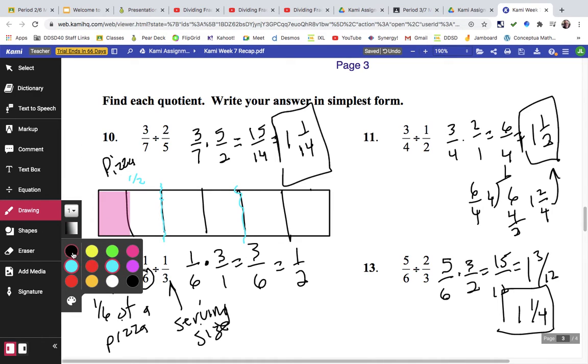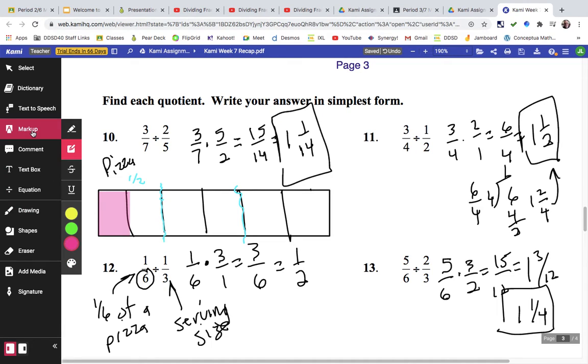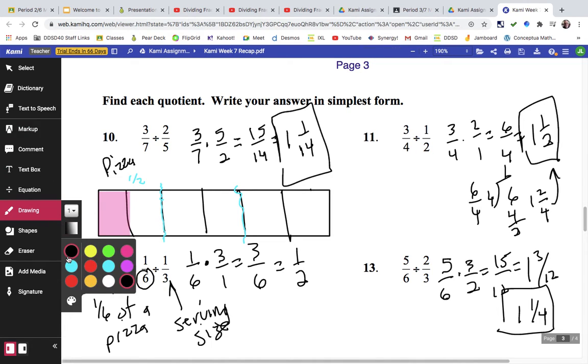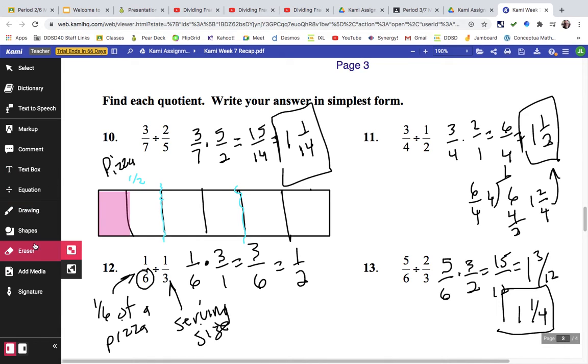Sorry for the delay. Maybe if I just change colors. Let's see if this will work for us. No. Okay, I want to finish this up, so I'm going to assume this got saved.